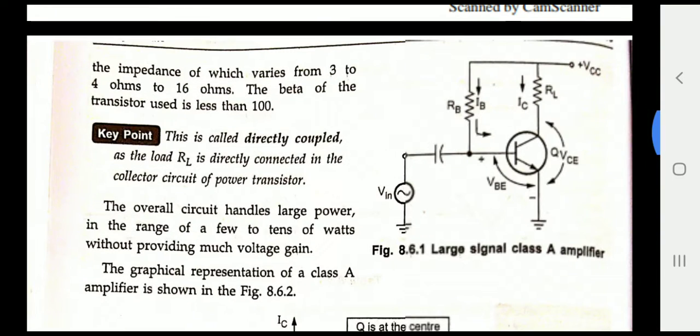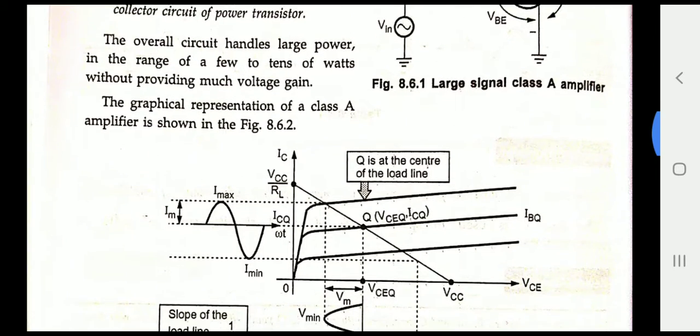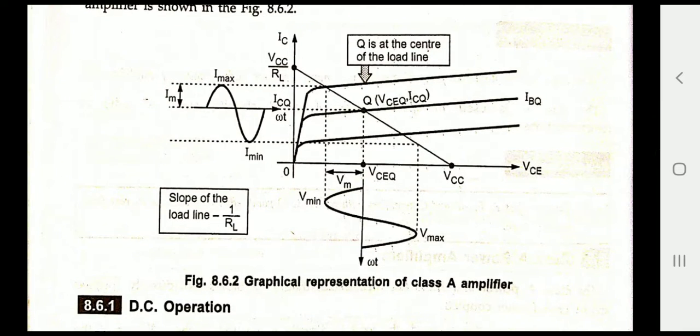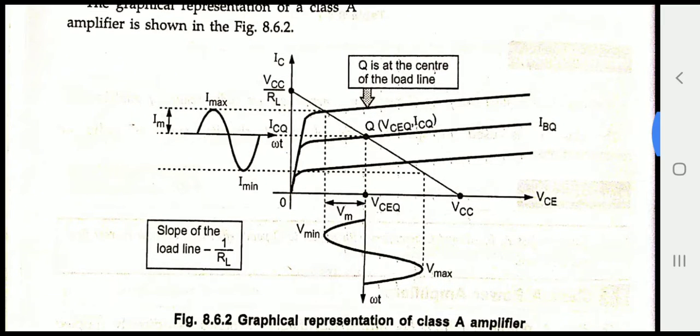Now using this circuit, there are certain nomenclatures we are going to study. Before we start, this is a graphical representation of the class A amplifier, where the Q point is placed in the middle of the active region, and the input signal is selected as 360 degrees, that is the full complete input signal.